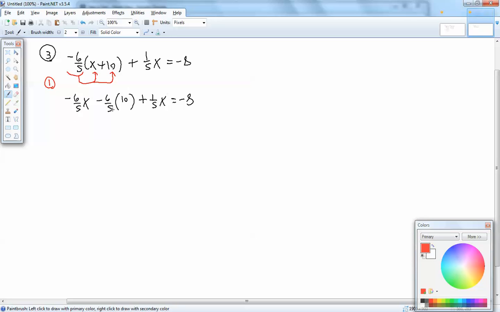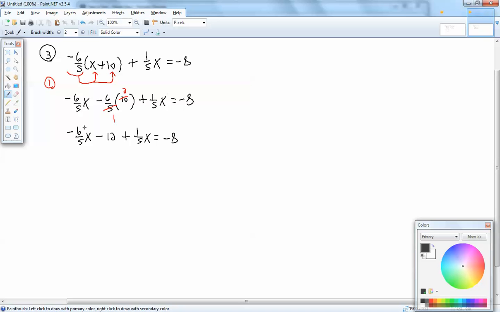Okay, well the 5 and 10 are both divisible by 5. 5 divided by 5 is 1, 10 divided by 5 is 2. So we're going to have negative 6/5 x minus 6 times 2 is 12 plus 1/5 x equals negative 8.